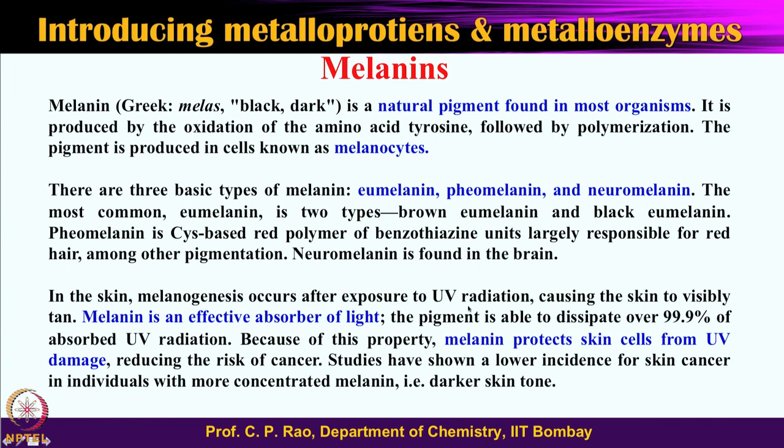This is the black pigment which dissipates the UV radiation that falls on the skin, and thereby protects a person from a cancer kind of situation. This is why people go for tanning, so that the tanning will help them against the sun radiation, particularly in the UV region.